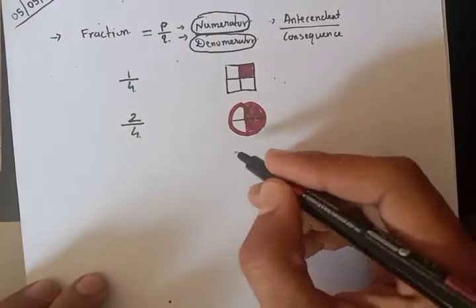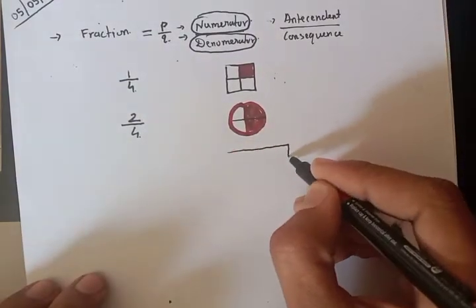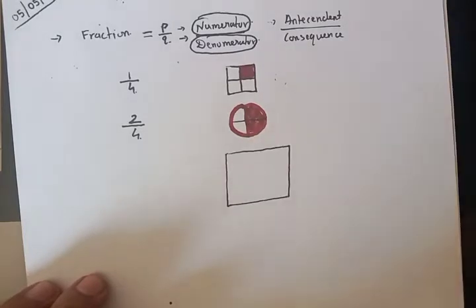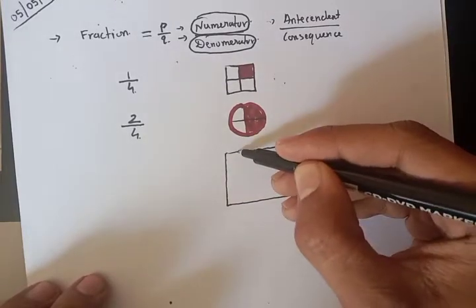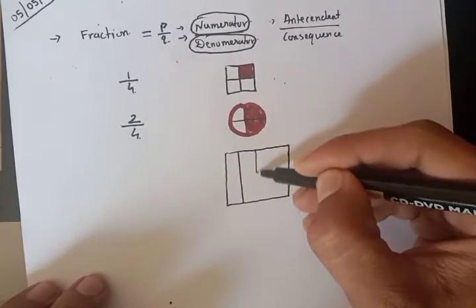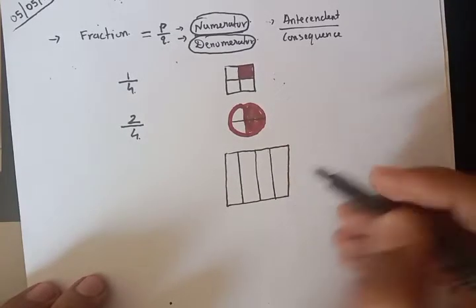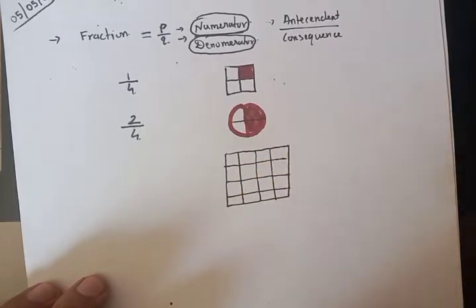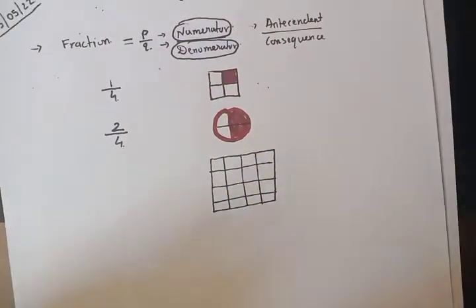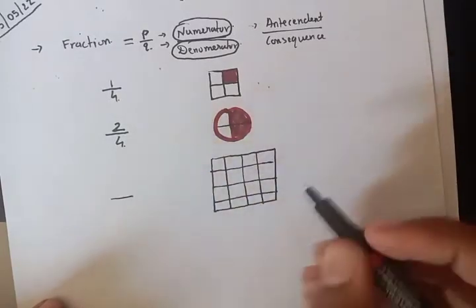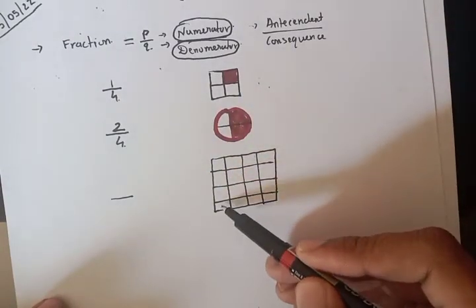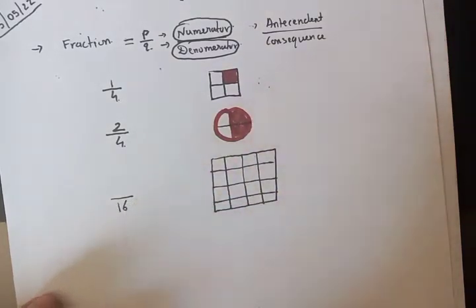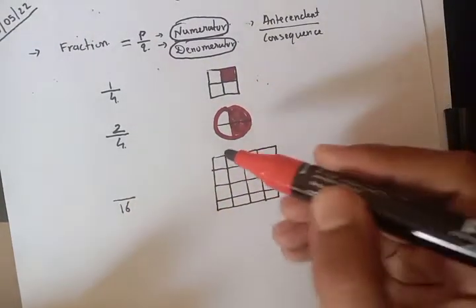For example, now if you see here in this bigger box, how many parts in total are there? 1 2 3 4. 1 2 3 4. So there are 16 total boxes.